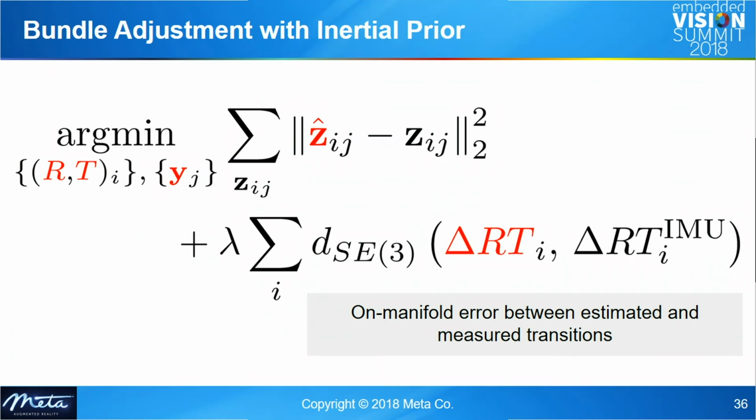Now in the bundle adjustment, we would add this as an additional prior, meaning that we want to find such camera pose that both the reprojection errors of the observed features are minimized, but at the same time such that the motion measured by the IMU is consistent with the motion that we would have measured between those two camera poses. So this is how the visual inertial fusion would look like in case of tight fusion with bundle adjustment.